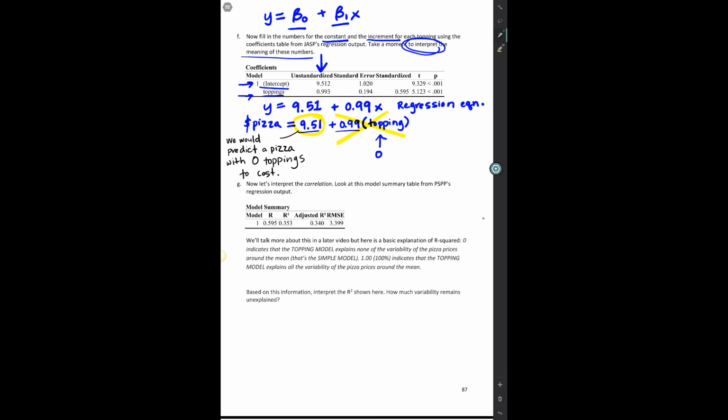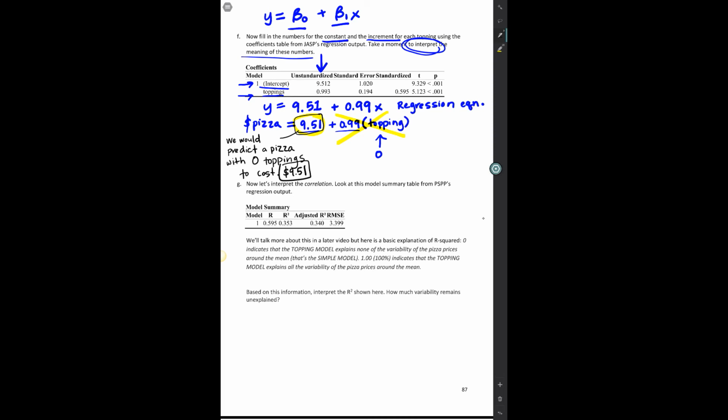All right, so we would predict that a pizza with 0 toppings would cost about $9.51. So this constant is telling us, if there were none of x, then what would we expect for y? That's what the constant represents or means.